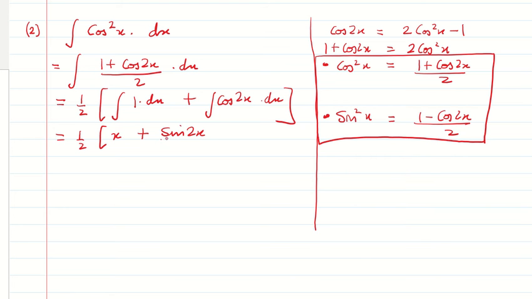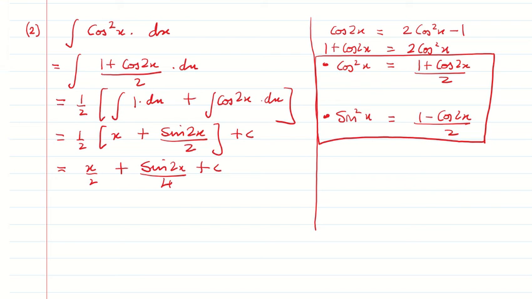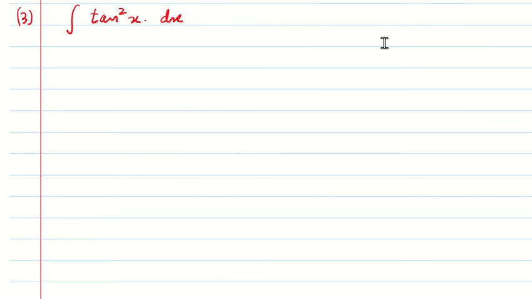Sine 2x upon 2. You have to divide by the coefficient of x, plus c. So this will be x upon 2 plus sine 2x upon 4 plus c. Now integration, every sum is done differently. So that's the beauty.